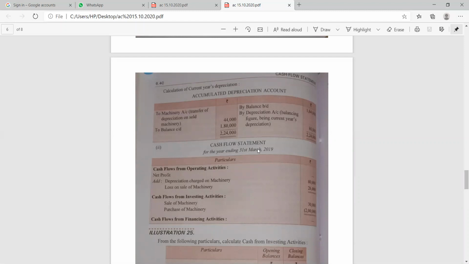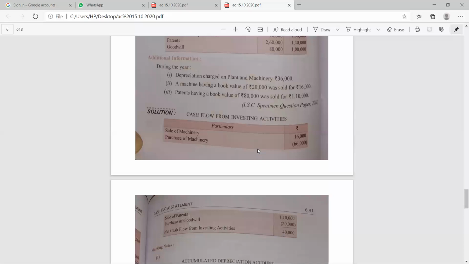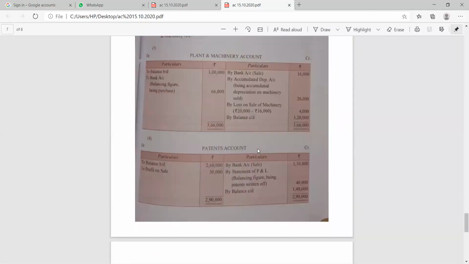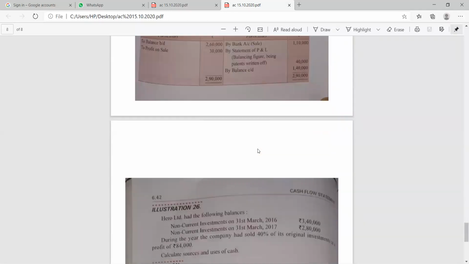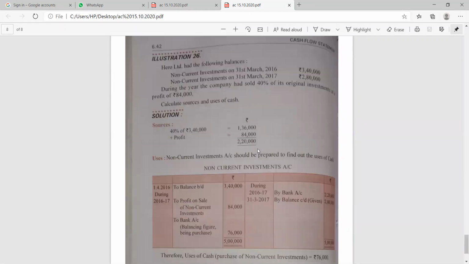So these are the points that are related to your investing activity. The next question is absolutely similar to this, in which more than one asset is given to you, and whenever current investments or non-current investments are given to you, you have to use the same method. In case of investment only, instead of sale and purchase, the sources and uses are given to you.